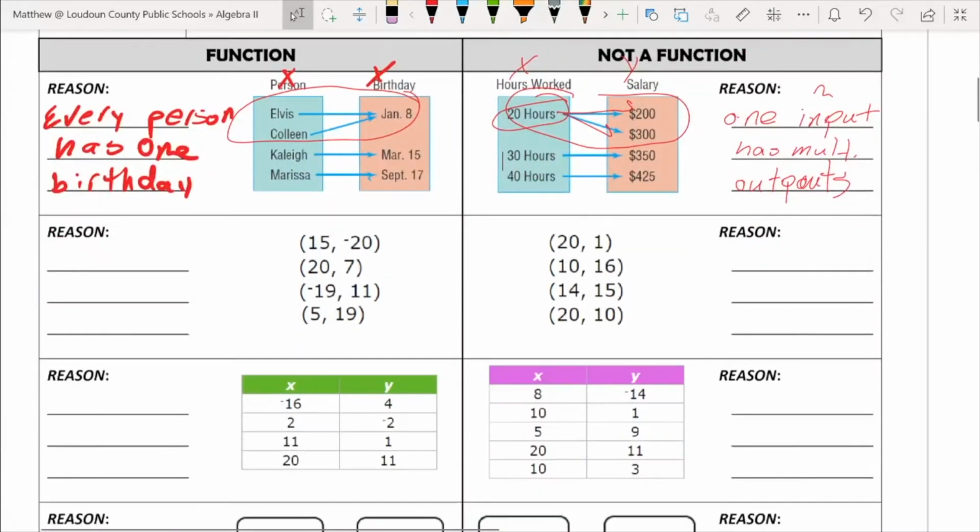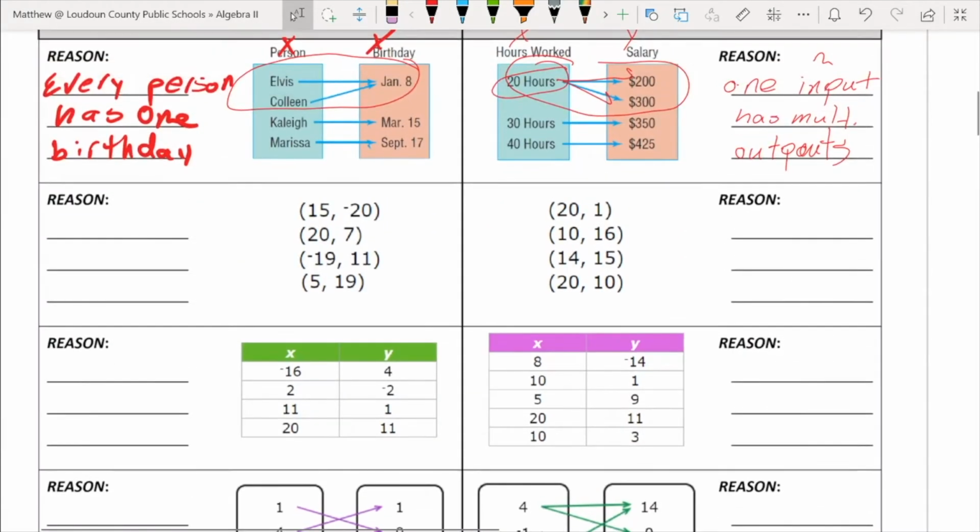Let's go down a little bit. Is this one a function? If I input 15, output negative 20. I input 20, output 7, input negative 19, output 11, input 5, output 19. Remember, these are your x values on the left, your y values on the right. Is there a different output for the same input?